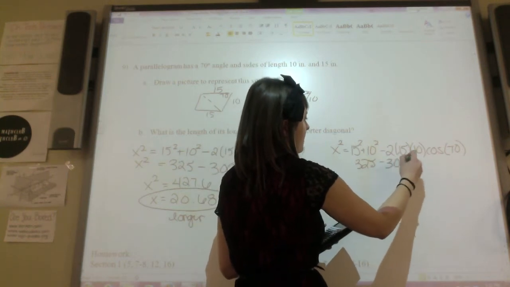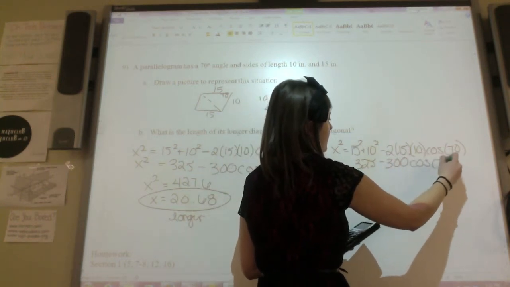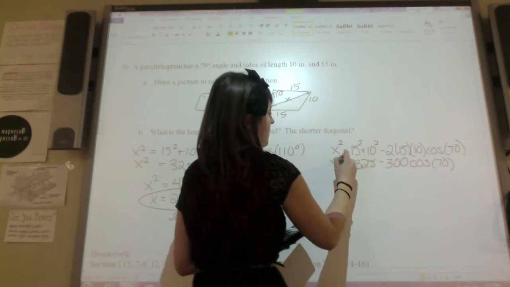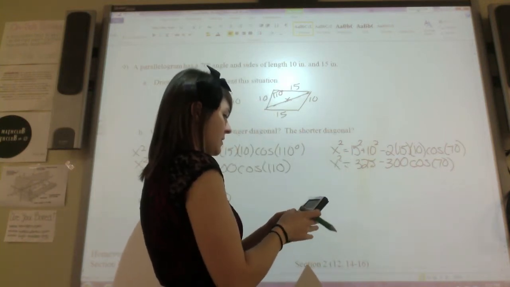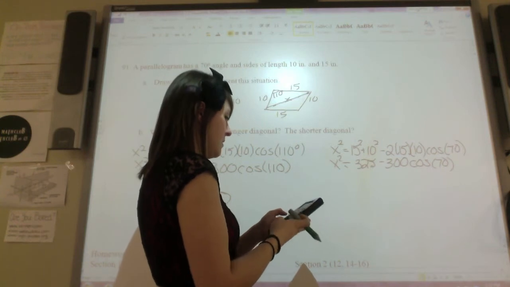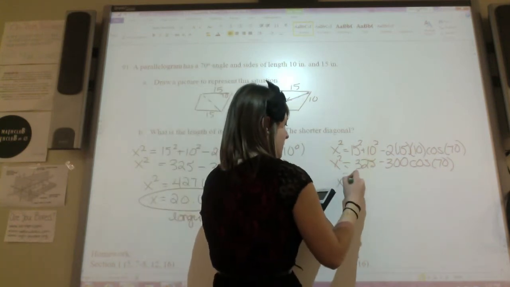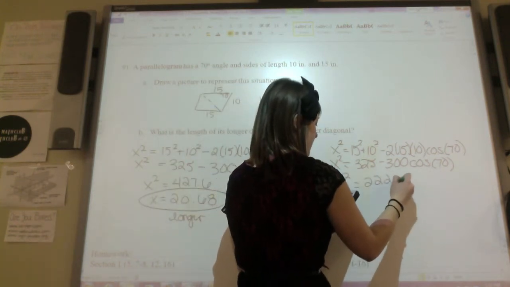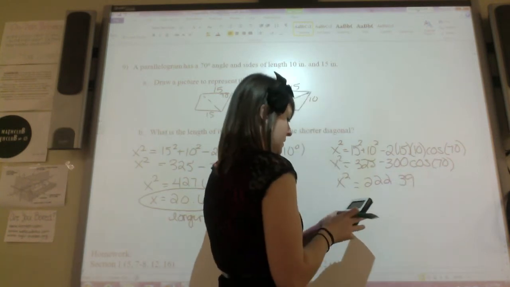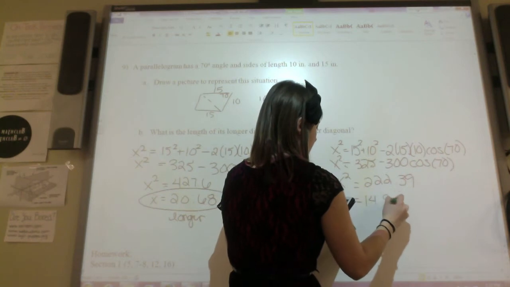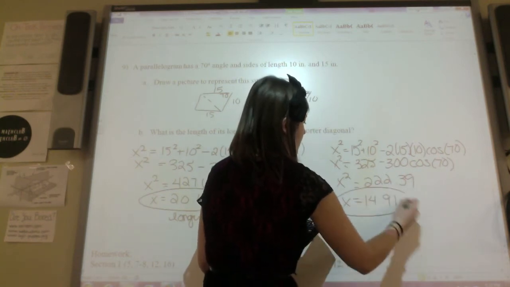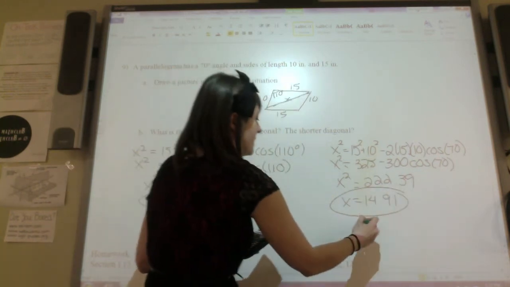This is still 300, but now I have the cosine of 70. So if I take 325 minus 300 times the cosine of 70, I get 222.39. Then I take the square root of that, and I get 14.91. And that's my shorter diagonal.